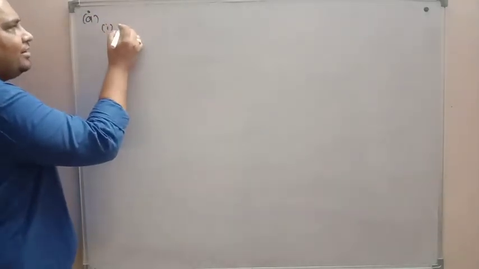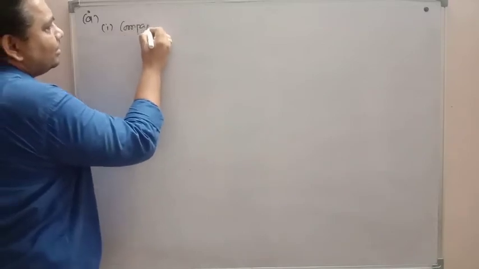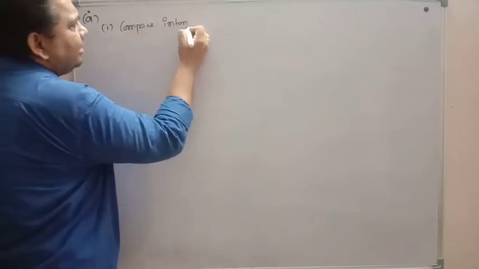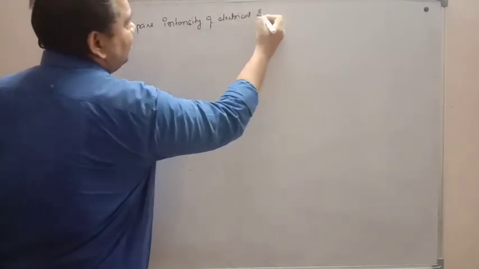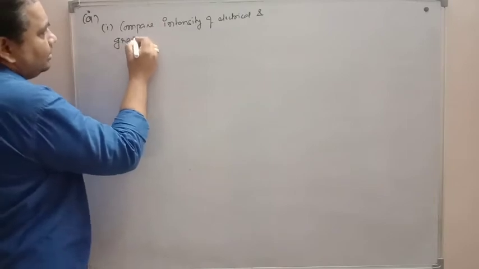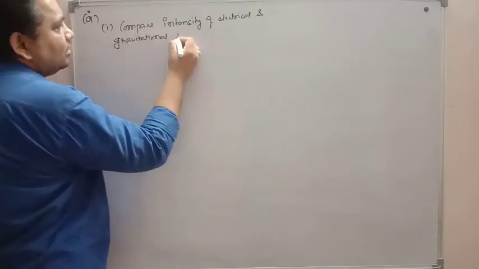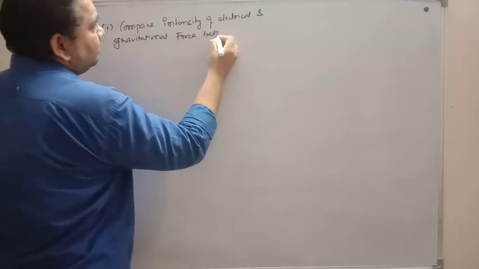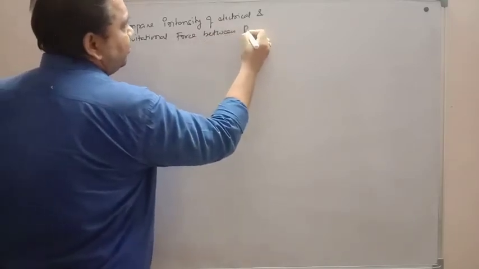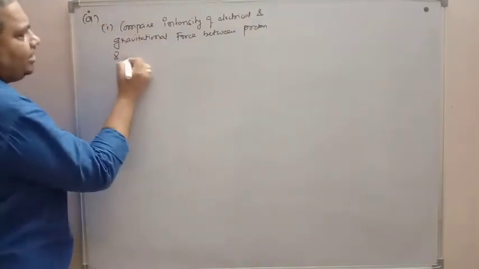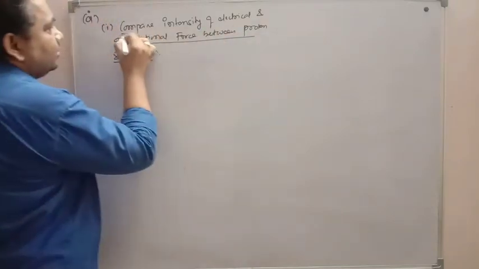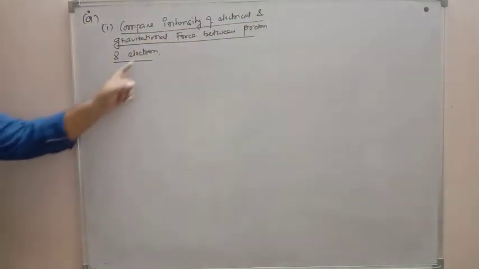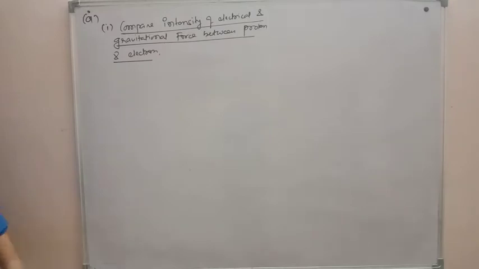The first question, part A, says: compare the intensity of electrical and gravitational force between proton and electron. You have to compare the intensity of electrical force and gravitational force between proton and electron.